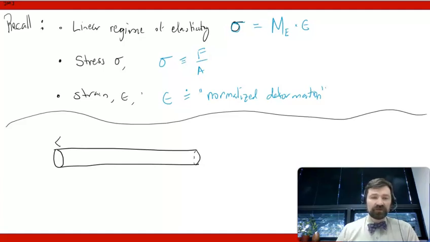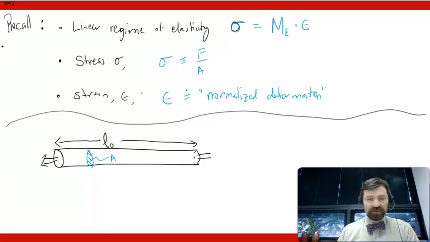So this right here would represent, let's say, our unchanged length, and our cross-section area then would be essentially the cross-section area in this direction. And what happens is that we apply some force, and the force could be to stretch or to compress the object, but we have some amount of force being applied on both ends.